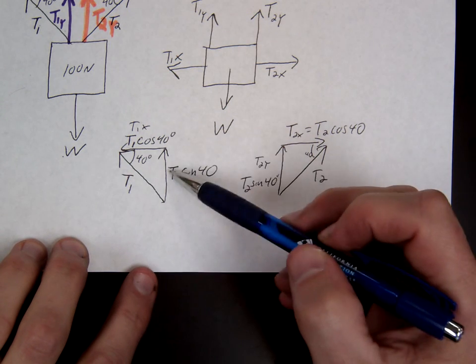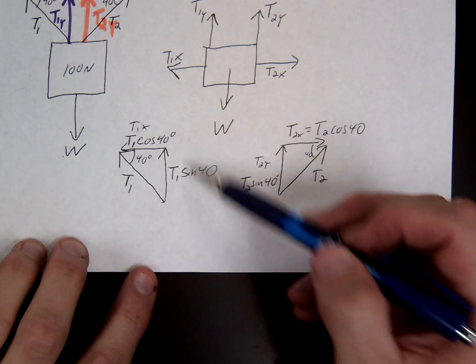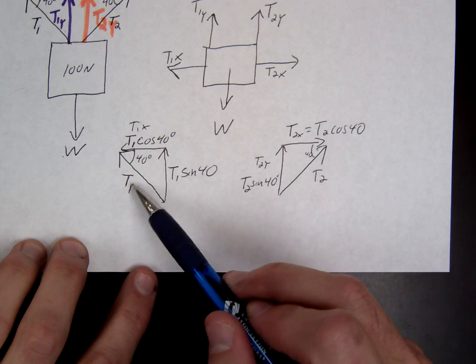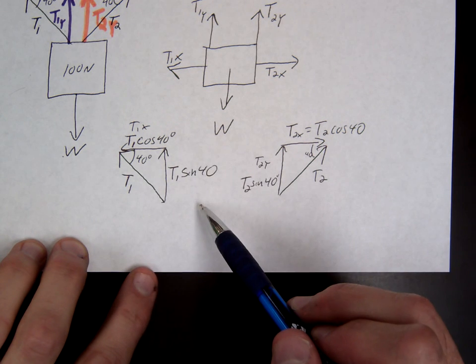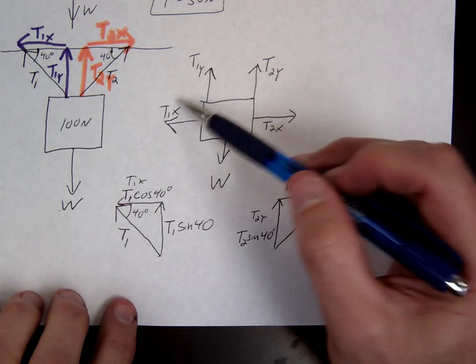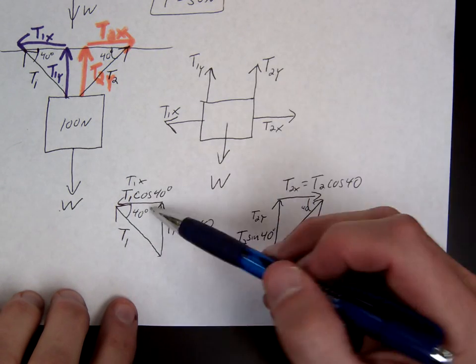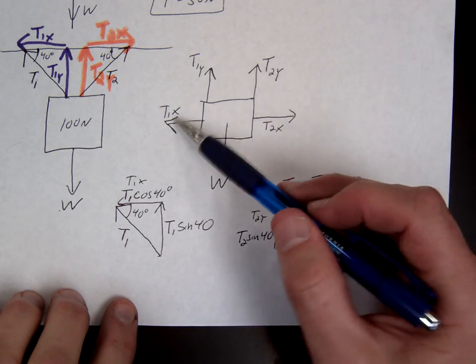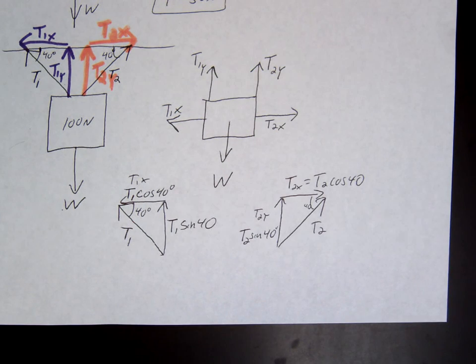Alright, so not that much different from what we did in the warm-up today with the problem, except we're just going to use variables here instead of numbers. And so that's our T1x or T1y. If you want to write these over here, you could. I'm just going to leave them like this, and then in our equation, I'll go ahead and substitute.